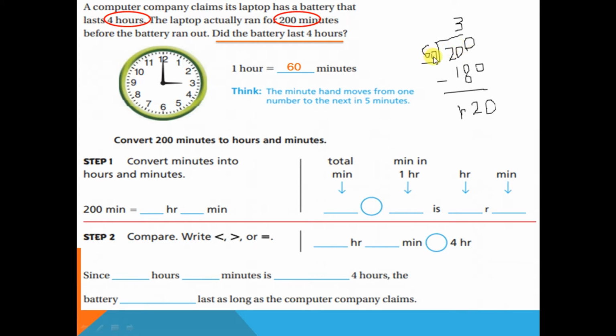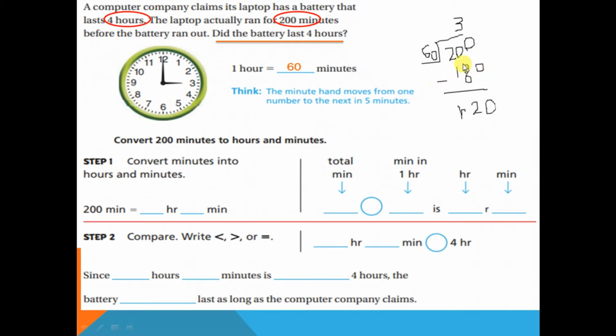Okay, so this is 0 with 0, and 6 times what will give me the nearest number to 20? Let's try 3, because you know that 3 times 6 equals 18. So then multiply 3. 3 times 0 is 0, then 3 times 6 is 18, right? So this is 180.